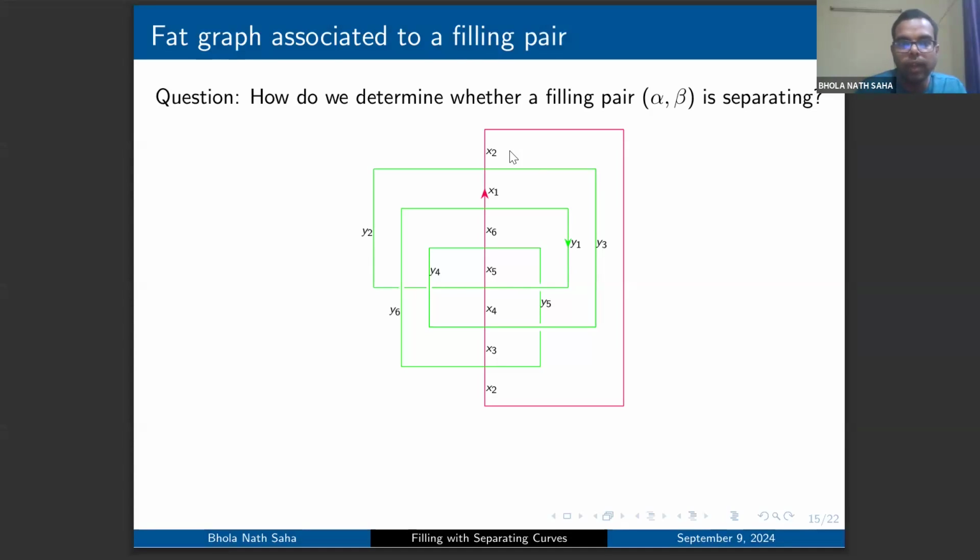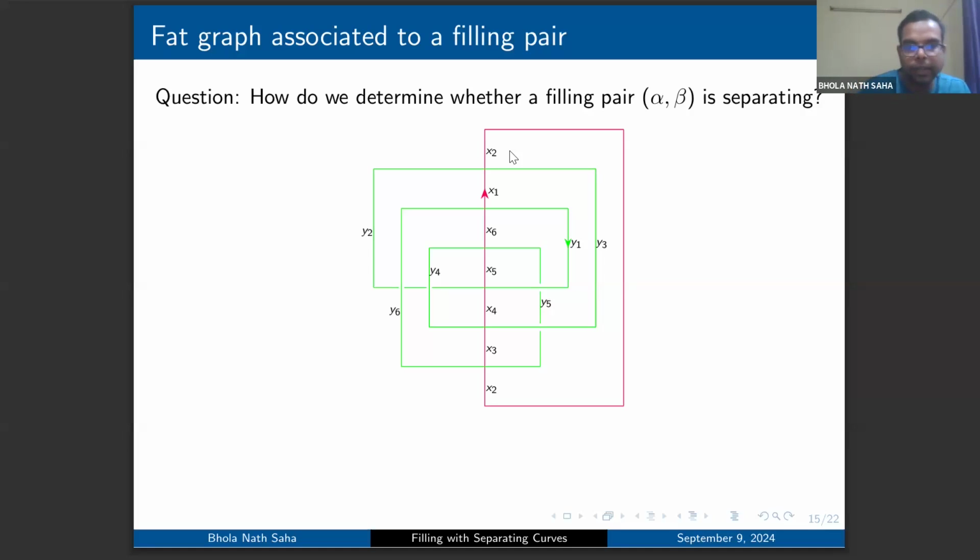Now a question arises. Suppose we are given a filling pair. How do we deduce whether this filling pair is separating or non-separating? We have answered this question in our first result. The main ingredient to prove this is fat graph theory.